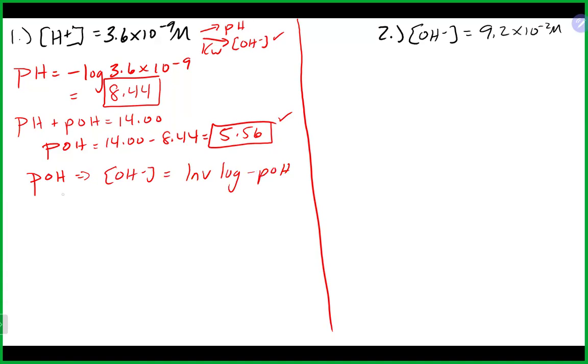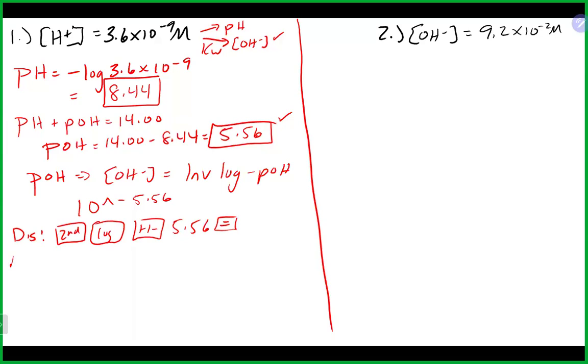Again, on your calculator, if you have a display calculator, you would punch in your second or shift button, your log button, your negative button, and 5.56 and hit equals. If you have a non-display calculator, you would hit 5.56, then your negative button, then your second or shift button, and then your log button.